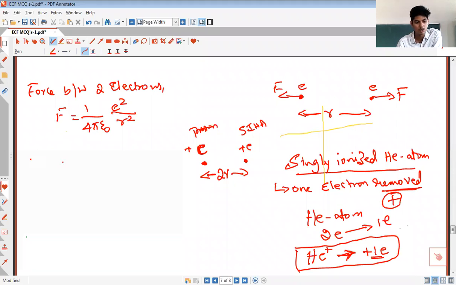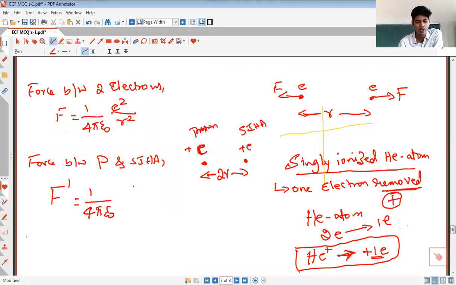So we'll now calculate the force between them. The force between the proton and the singly ionized helium atom we'll write as F dash. See, the force between two electrons was written as F, and the force between the proton and singly ionized helium atom is written as F dash, and that will be 1 by 4 pi epsilon naught e square divided by r square. Correct? Is this right? Look at the distance.